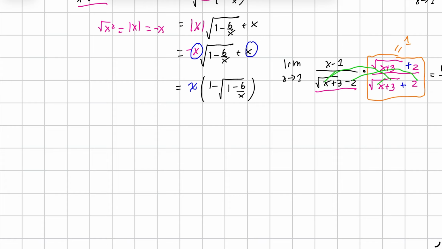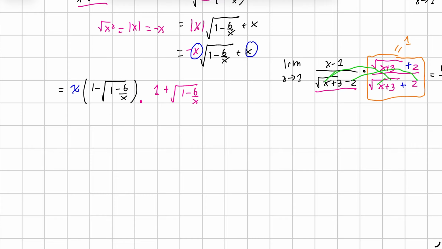Now, we have this radical. We don't want the radical, so we're going to multiply by the conjugate. So in the numerator, we have 1 plus the square root of 1 minus 6 over x.